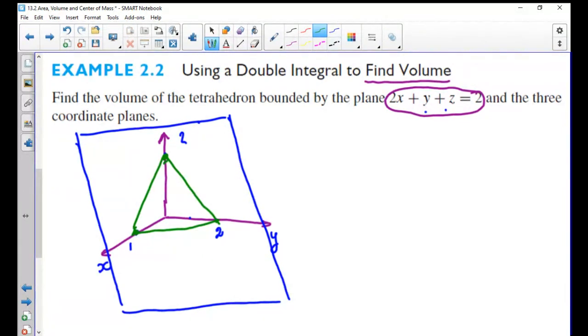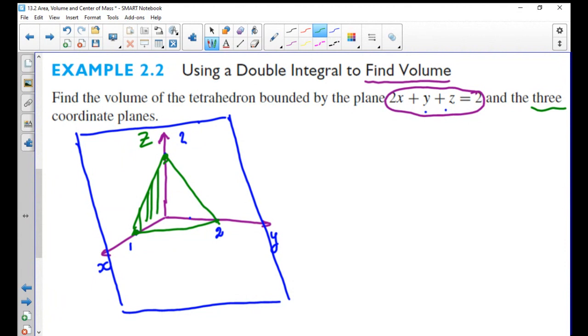And then you have the three coordinate planes. What does it mean, the three coordinate planes? Yeah, the coordinate planes means the xy plane, the yz plane, and the xz plane.